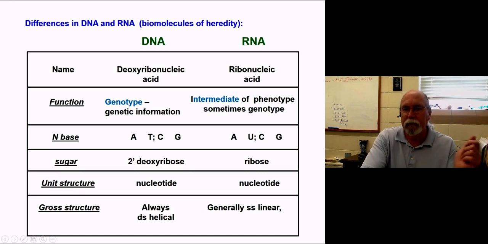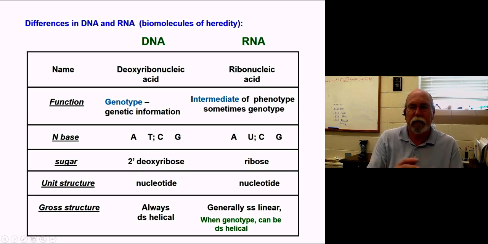Okay, so it's not a helix at all, it's some kind of linear form. But when it's a genotype, as it sometimes is, then it does take a helical form. Okay, so in the few organisms that have RNA as their DNA, if you will, it's usually a double-stranded helical form. Okay, so just some things to remember, and these can become questions as well that you may see on problems or on tests.